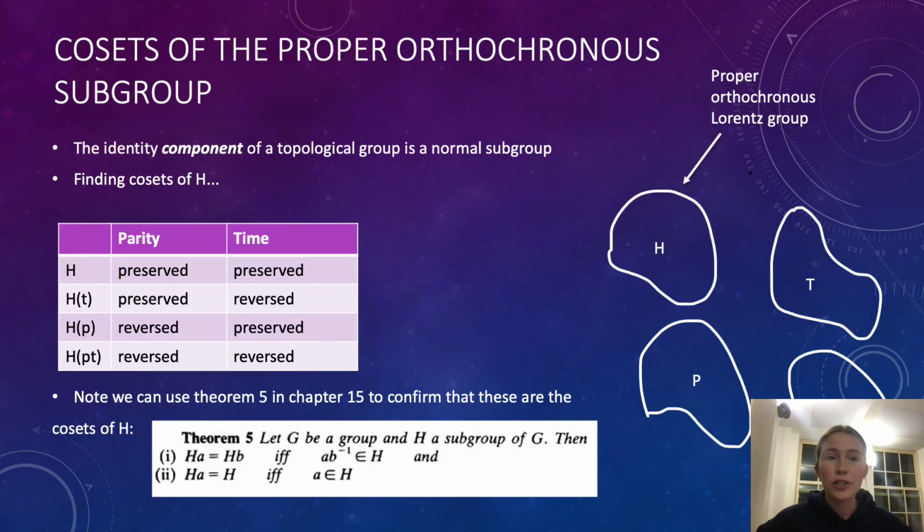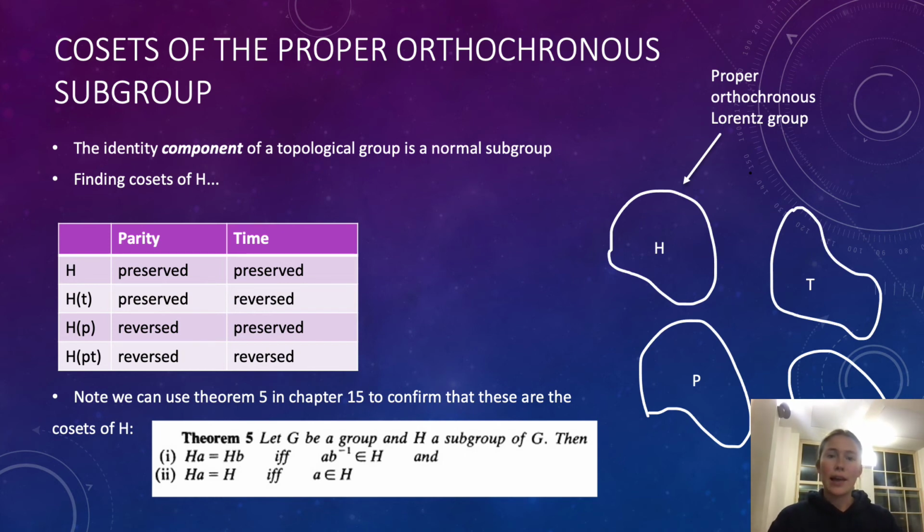All right, so actually only one of these components or these manifolds within our larger manifold contains the identity element, and that is called the identity component. And because a Lie group is a topological group, there's actually a theorem that says the identity component of a topological group is a normal subgroup.